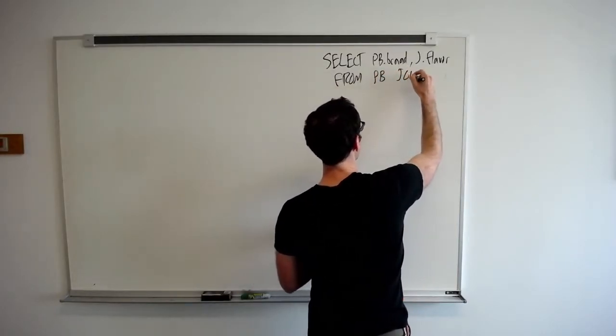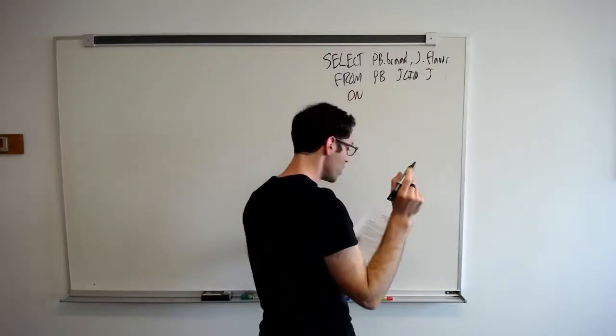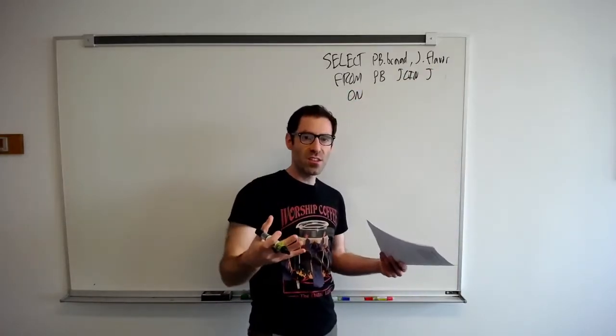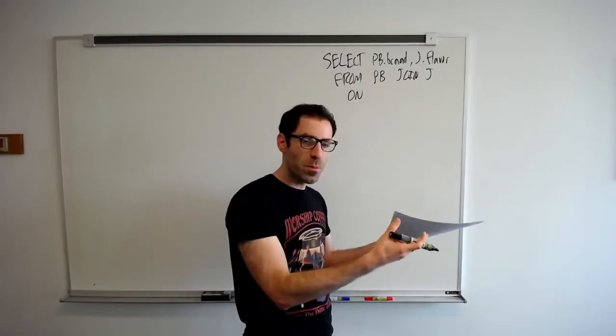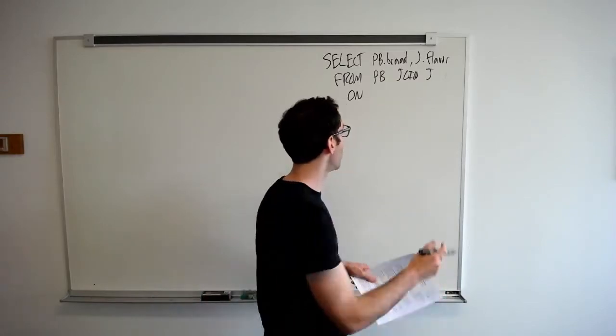from PB join J, and what I'm going to join them on is that their spread is the same. So chunky peanut butter goes with jelly with stuff in it, and smooth peanut butter goes with smooth jelly.